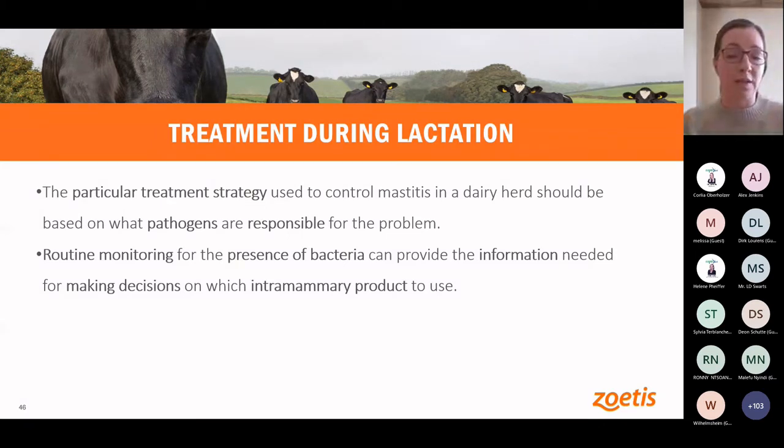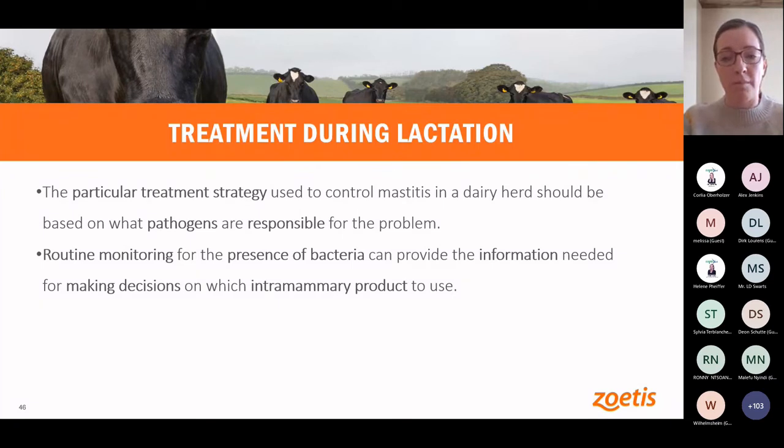Another reason why the vet is so important is that it has happened to people who don't make use of a vet, or don't consult their vet on the correct intramammary to use, and then they use the incorrect intramammary for the problem. It doesn't solve the problem, or it doesn't kill enough of the pathogens, and there's a section of them that survives, and that leads to chronic mastitis.